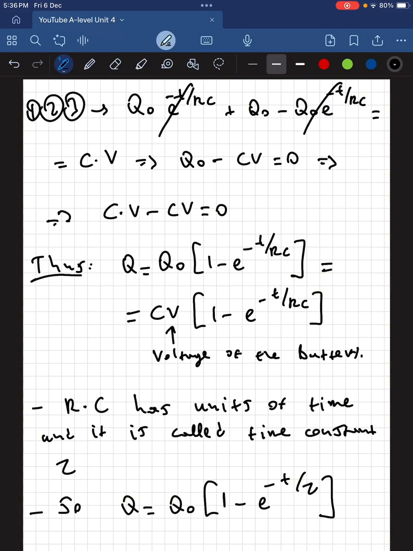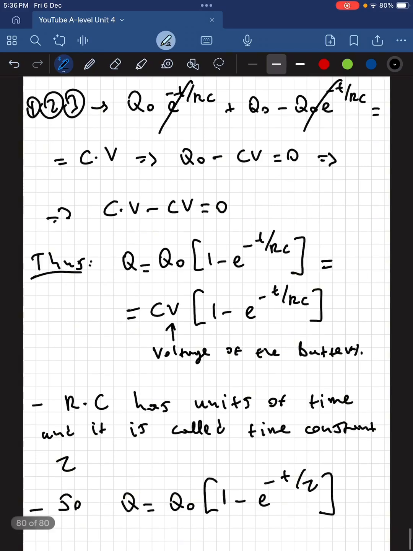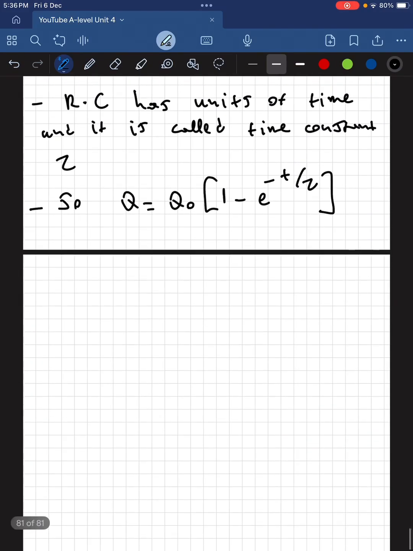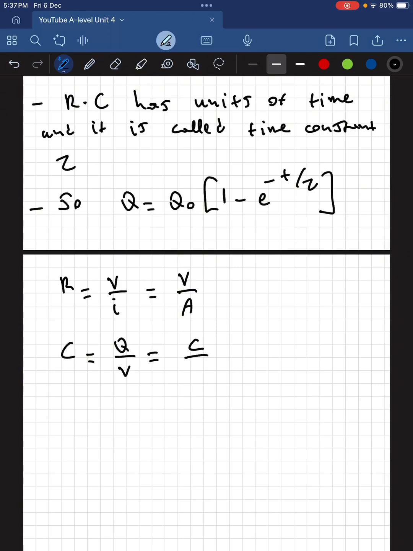And by the way, some of you are going to be curious about how on earth does RC have units of time. So let's try and prove that. R is voltage over current, so it has units of volts per ampere. C is Q over V, so it has units of coulombs per volt.